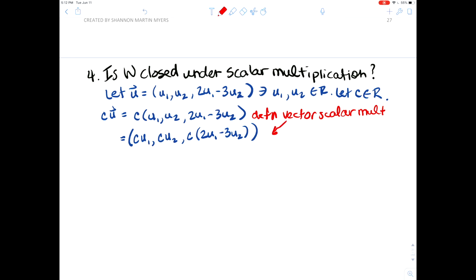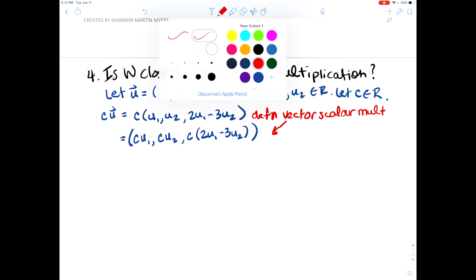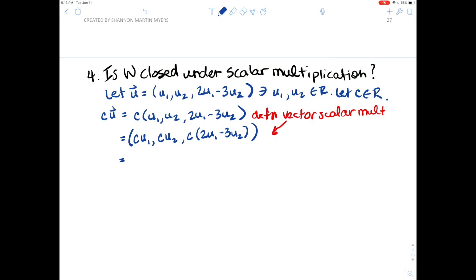This was the first step, was just changing it into component form. All right, so now this will be equal to, well, c times U1 is good and c times U2 is good, but I'm going to have to use the distributive property to work with the last component, the third component.